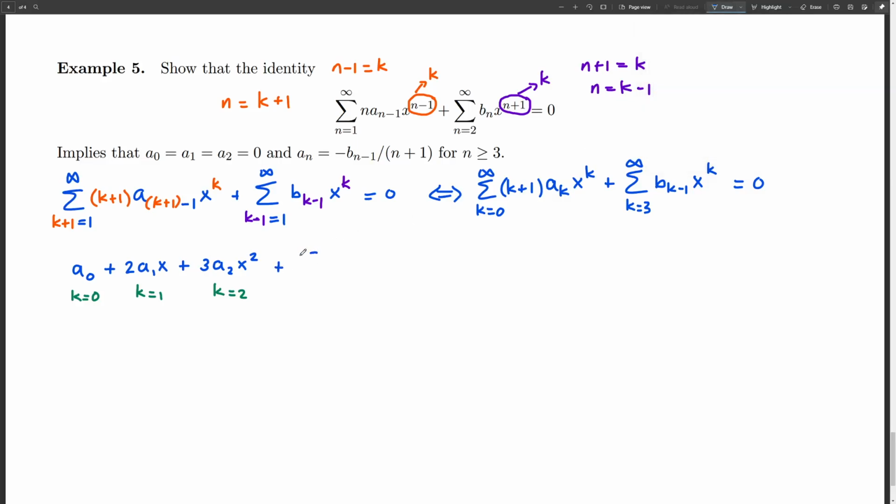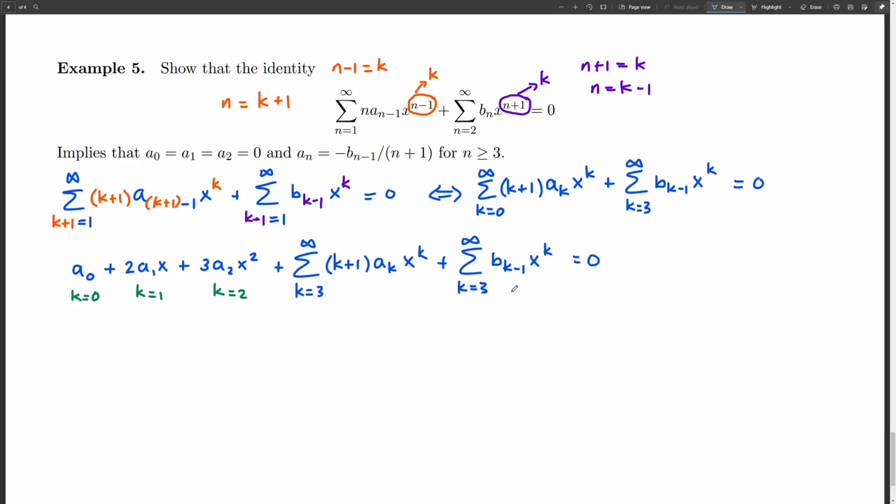We can then add in the rest of the series, and that one starts at k equals 3 because we took care of k is 0, 1, and 2, to infinity of k plus 1 times a sub k x to the power k, plus summation of k equals 3 to infinity of b sub k minus 1 times x to the power k, and that equals 0.